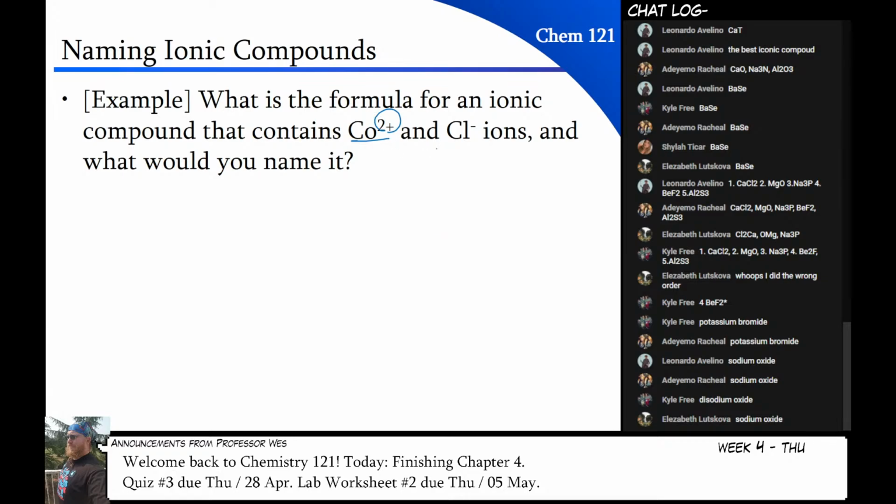So if I give you these two ions, you would first follow the same rules that you would for forming ionic compound formulas. And I would say, okay, I need to balance out the charges. And then I need to write the formula. So there's the formula.